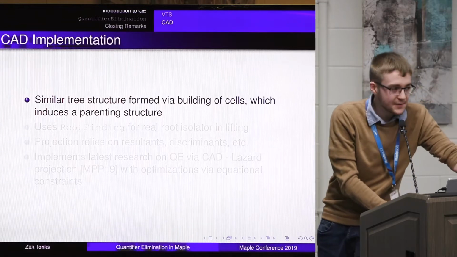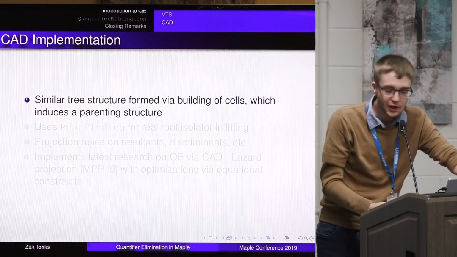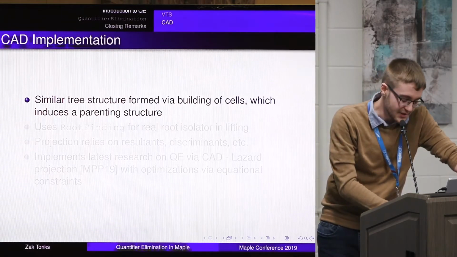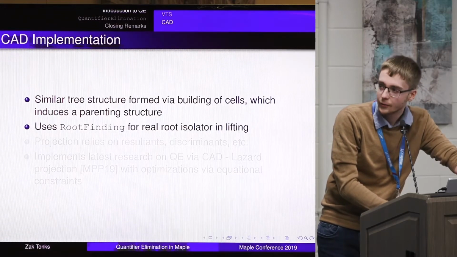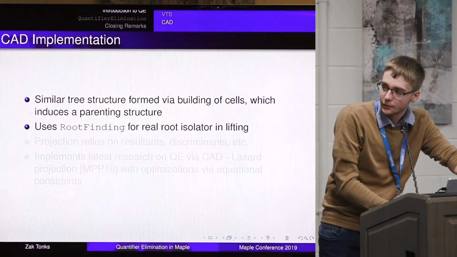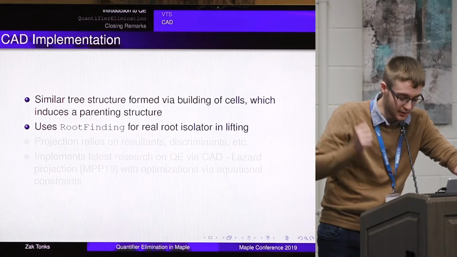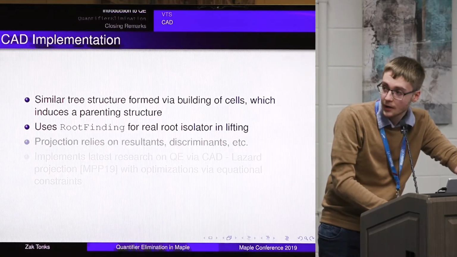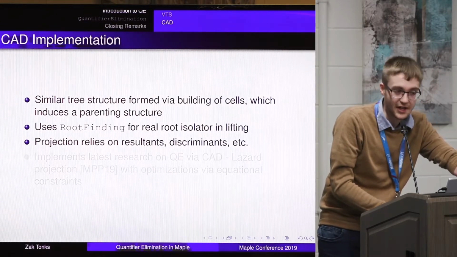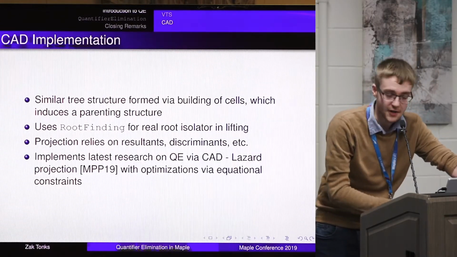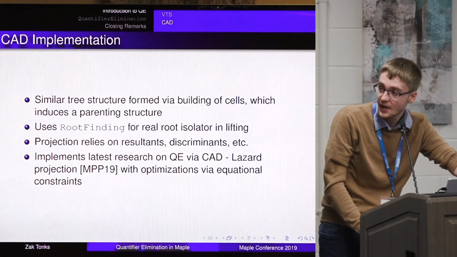So again, you get a sort of similar tree structure from when you actually build these cells. So it's similarly object-oriented. It uses root finding, for any root associated with that, for a real root isolator and lifting. This is my new implementation I'm talking about. So resultants and discriminants and operations like that are sort of a main driver, if you like, in terms of polynomial operations.